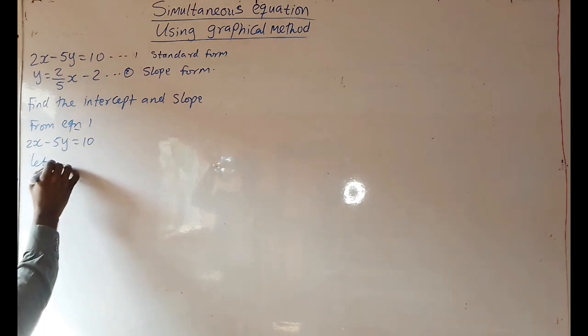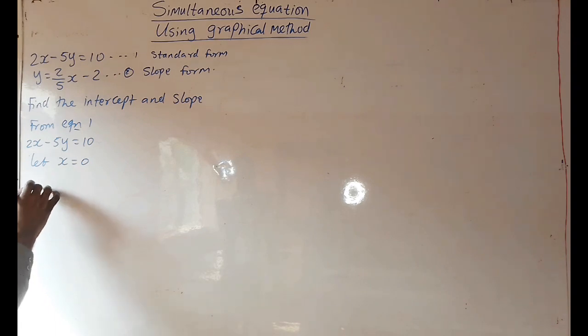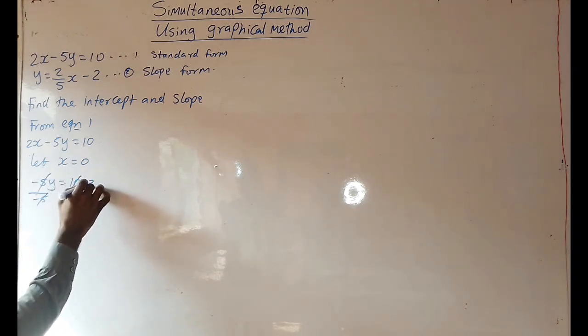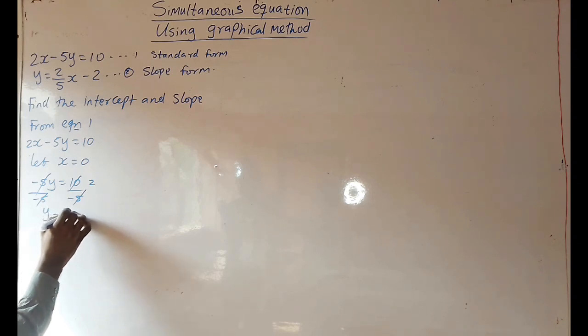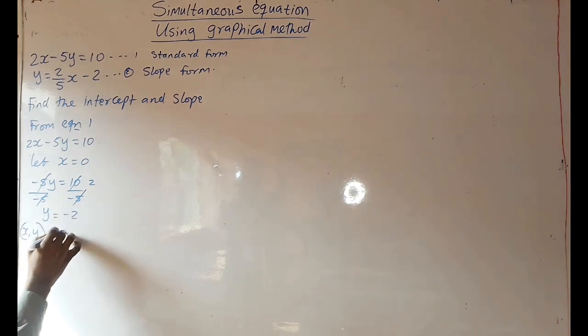Now, let x be equals to 0. So when my x is equal to 0, what is my y? My y will be minus 5y equals to 10. I divide both sides by minus 5. So my y now equals to minus 2. Therefore, my x comma y equals to 0 comma minus 2.